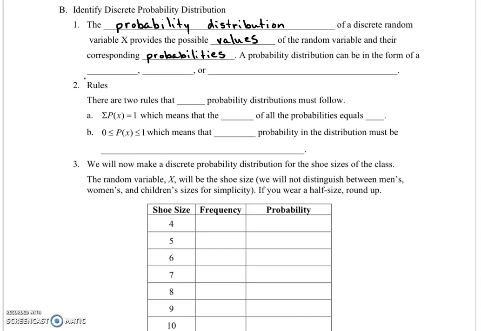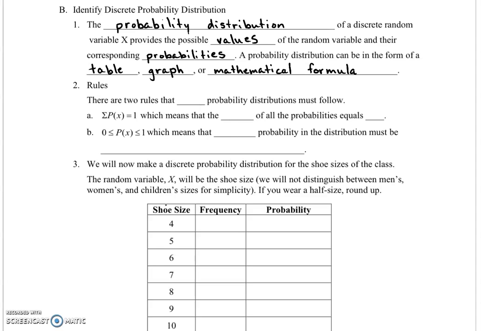A probability distribution can be in the form of a table, in the form of a graph, or in the form of a mathematical formula. Mostly the ones we're going to look at are in the forms of either tables or graphs, and mostly tables.